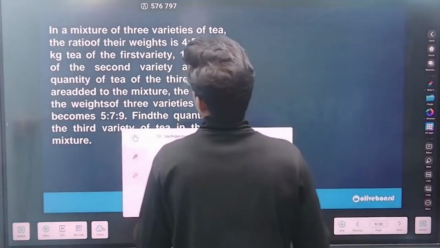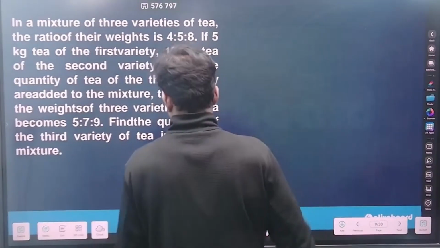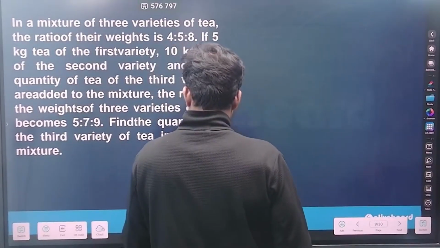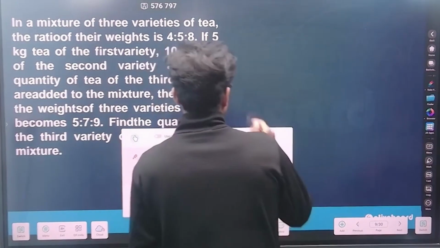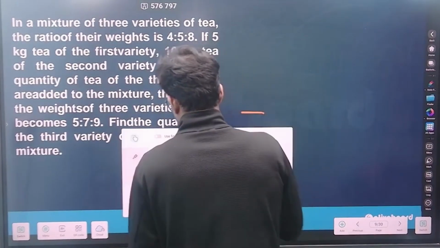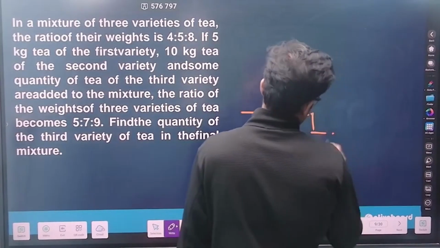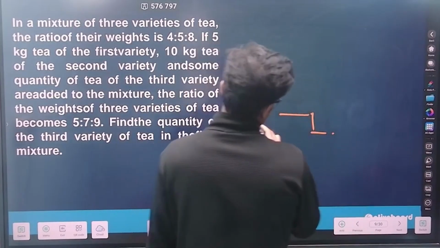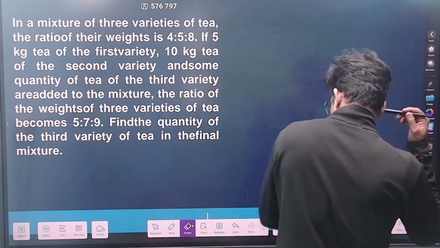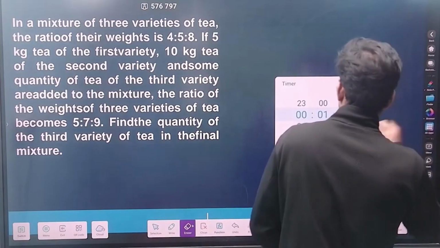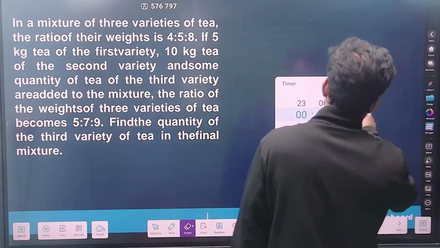Can you solve this one? Come on, try. Let me give you 1 minute 45 seconds.